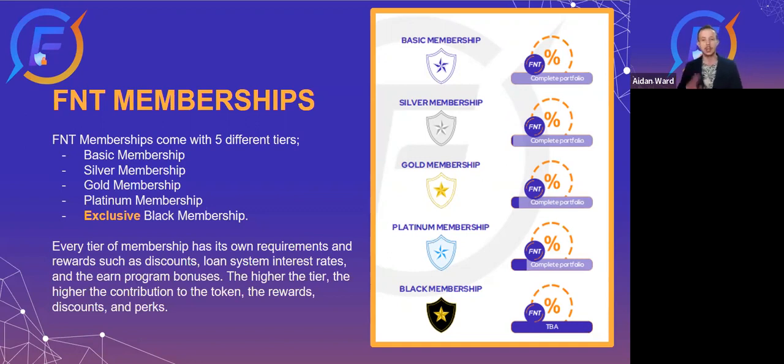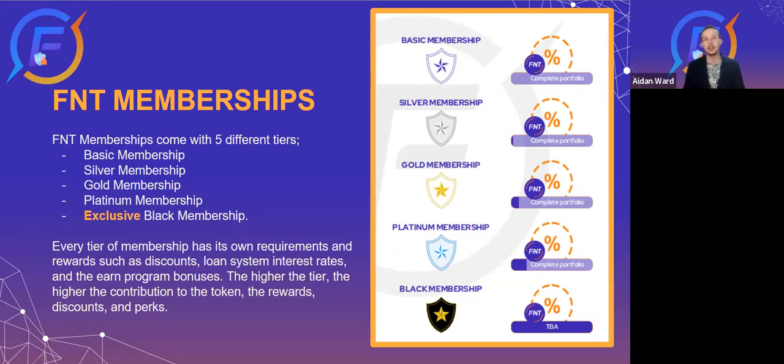It could change, but just as an idea. So the platinum is hypothetically 12%. That would mean that gold would be, say, maybe 7 to 9. Silver would be 5%, and maybe the basic membership would be 0 to 5%. And when I say percent, that's the amount of FNTs that you hold.